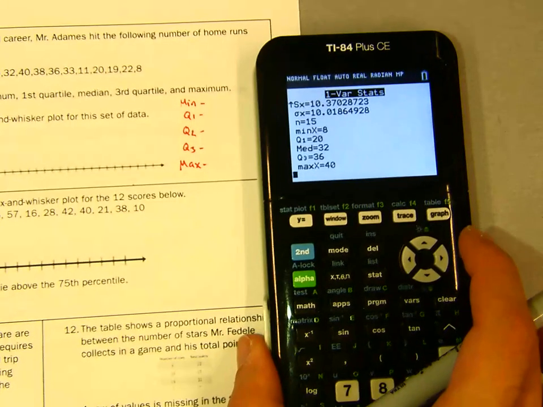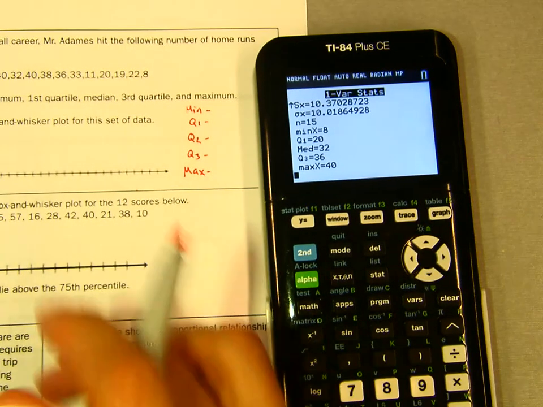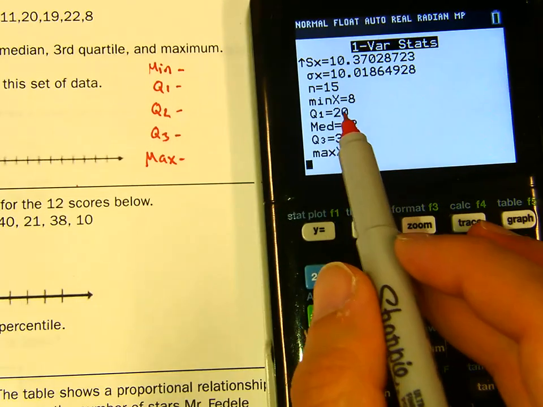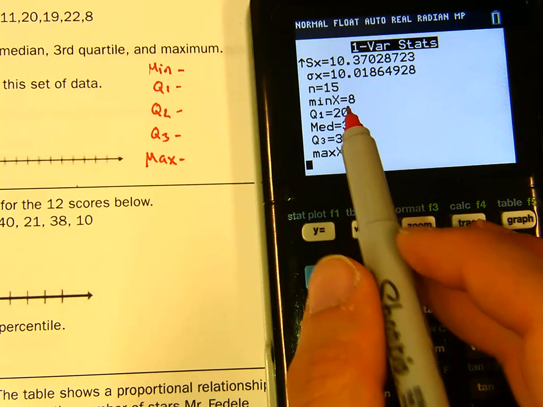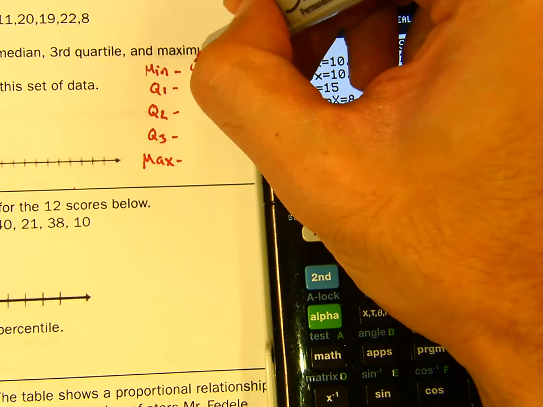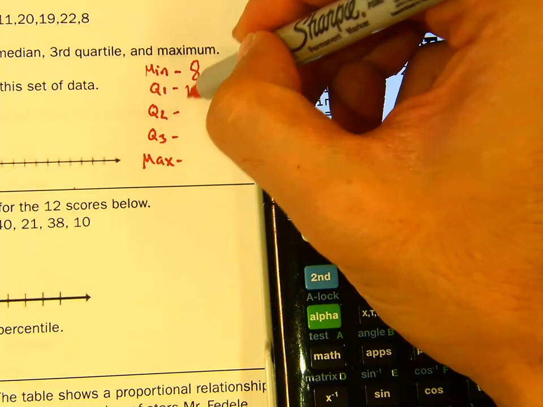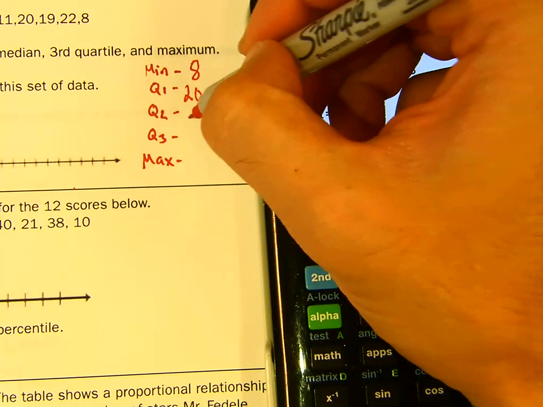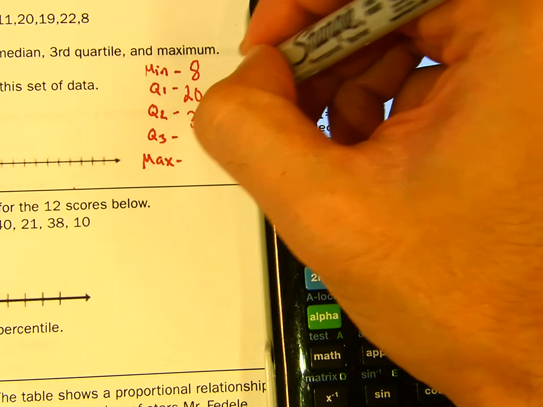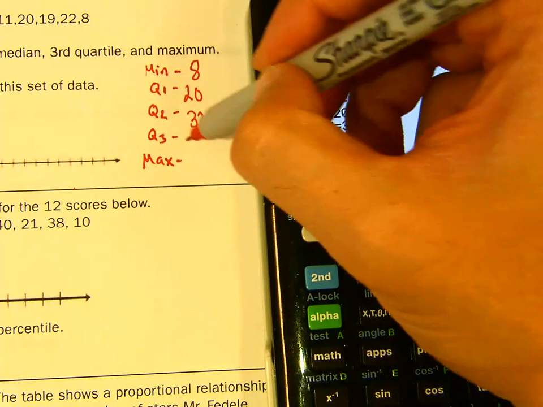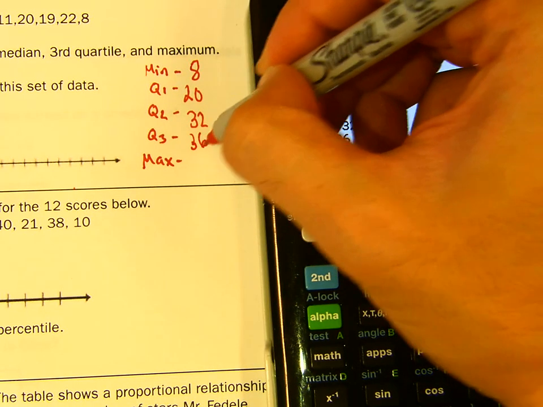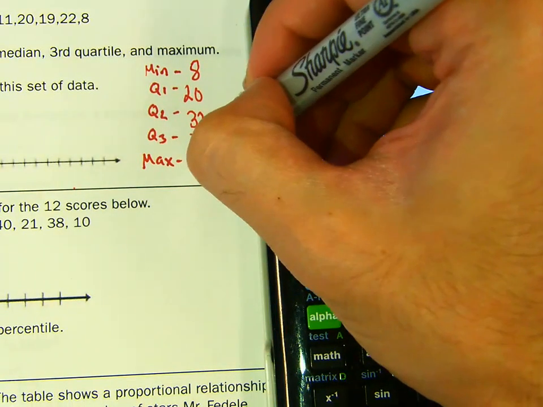Just so I can have it here, what is my min? It is min x, right, is 8. That's my lowest data value. My Q1 is 20. My Q3, I'm sorry, my median is 32, which is the Q2. Q3 is 36, and the max is 40.